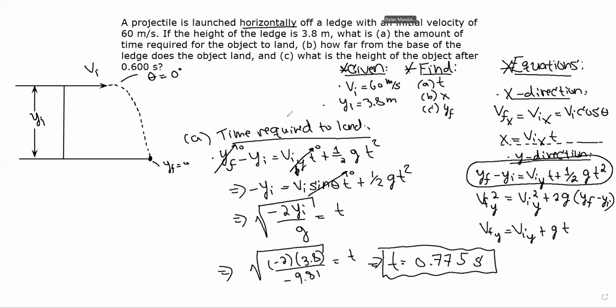Good. I don't want to get messy, but I'm going to do part B over here. Find the range of the projectile. Now, the only equation pertaining to x is x equals VIx times t, but VIx means VI cosine theta.